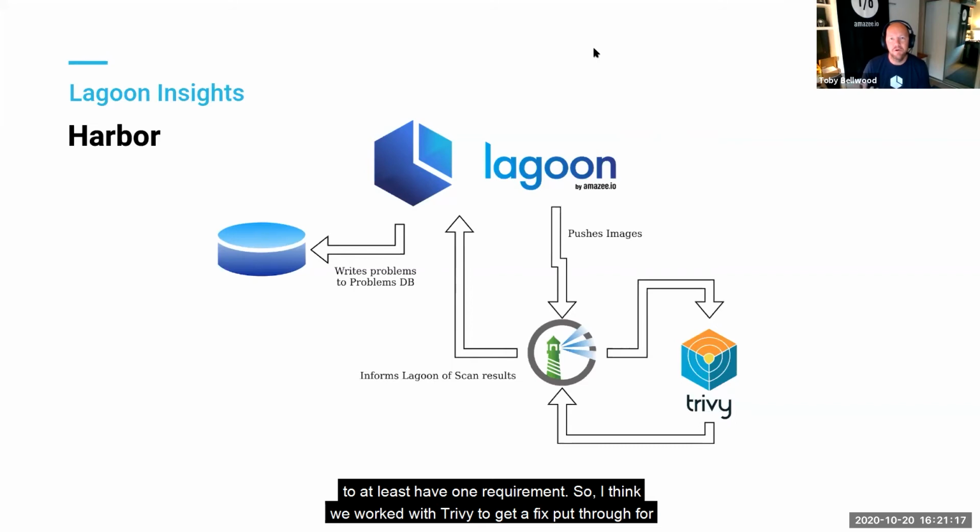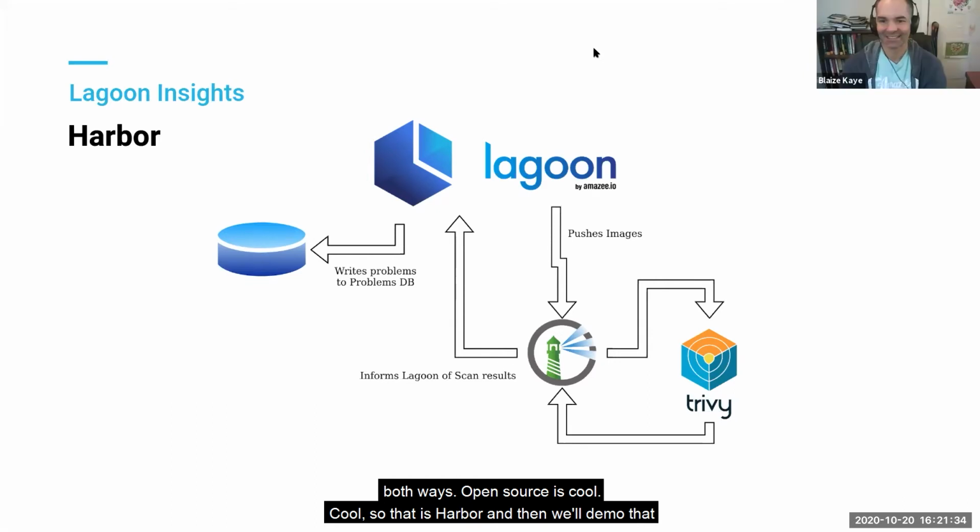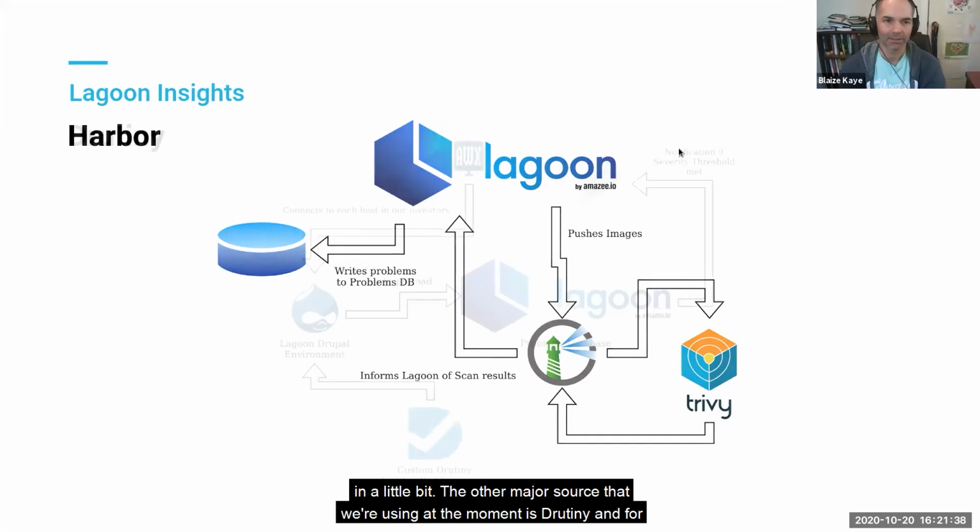So I think we worked with Trivy to get a fix put through for that. It just highlights the front to backness of the open source ecosystem. We're using this stuff in production, we're identifying issues, and we're getting it fixed both ways. Yep. Open source is cool. Exactly right. Cool. So that is Harbor, and we'll demo that in a little bit.